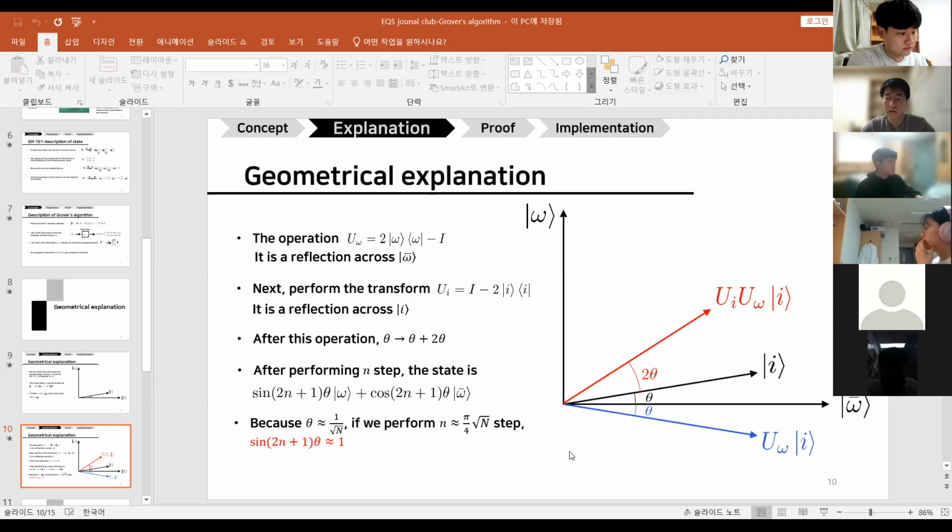Oh, yes, I think I understand what you mean. Yeah, so I'm not sure, but I think there is a quantum algorithm for that kind of pre-processing that gives some quantum advantage.